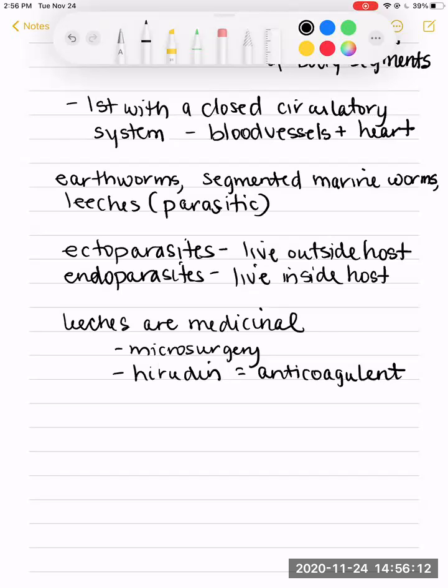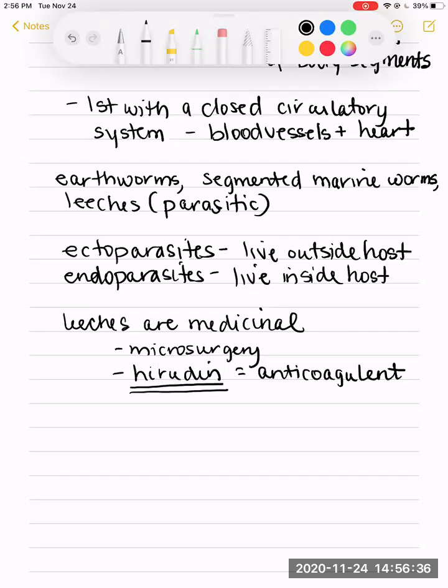So they actually harvest this and make an anticoagulant, an actual drug that is given to patients sometimes after surgery, but they're actually used in microsurgery for this reason too. If they need to keep those tiny little capillaries open, they'll let the leeches put that anticoagulant into that area while they're working on it.